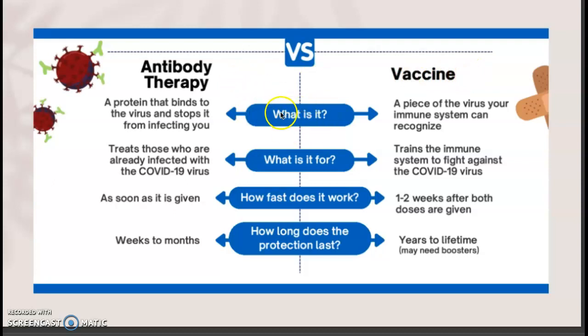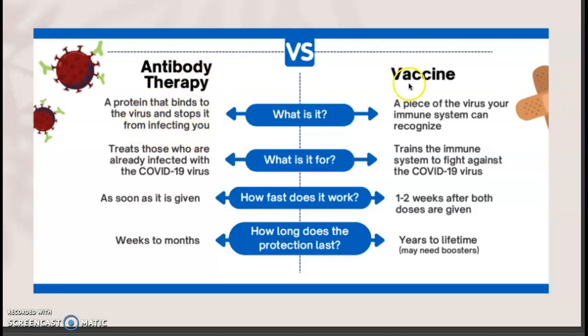First of all, what is monoclonal antibody therapy? Here we are making a monoclonal antibody artificially against a specific antigen, that is COVID-19. This protein binds to the virus and stops it from infecting you.